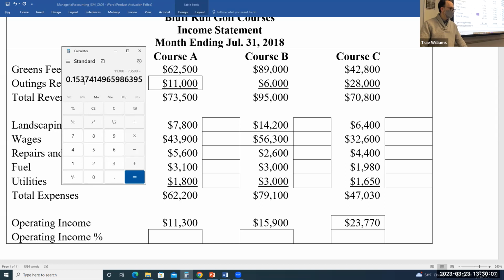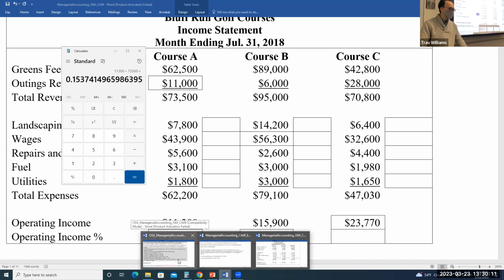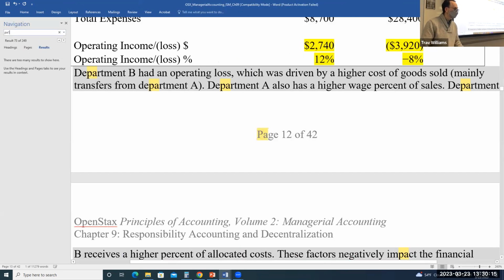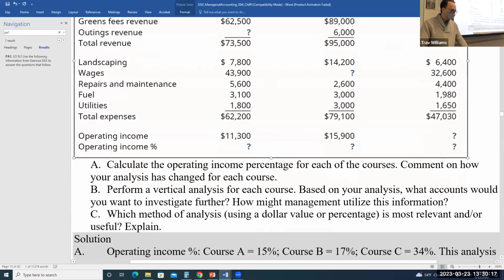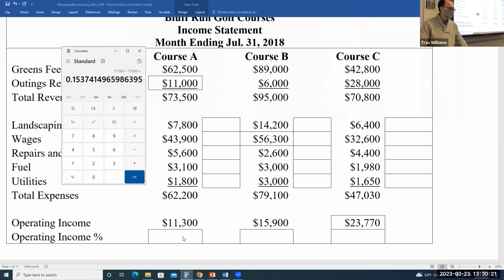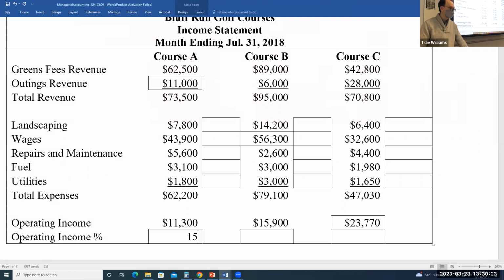And that's 15.37. I don't remember how we are rounding here, so I better check. To the nearest percentage, so 15%. And then for each of these costs, again, we're just going to take the amount divided by total revenue.